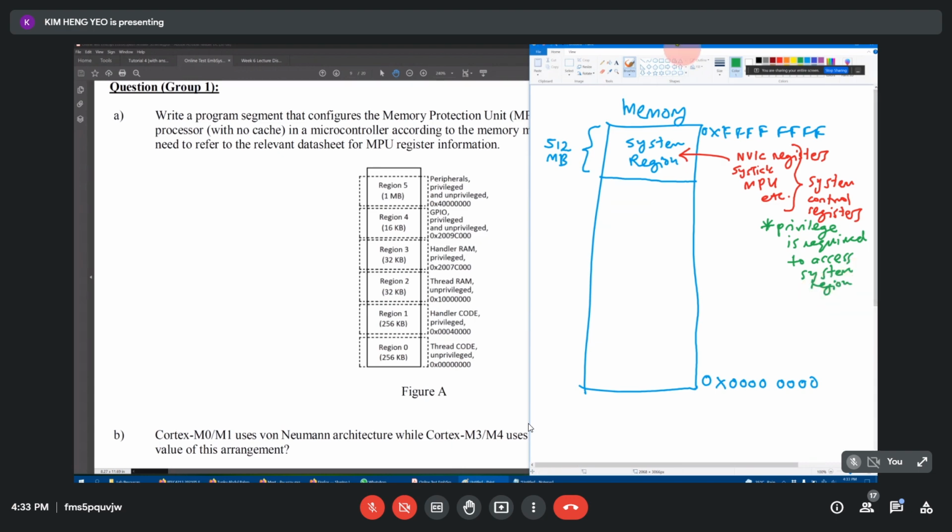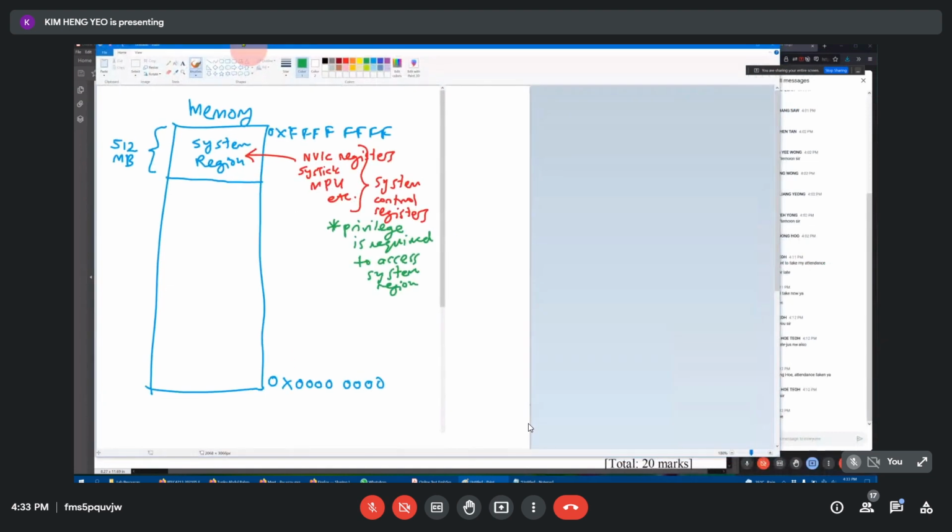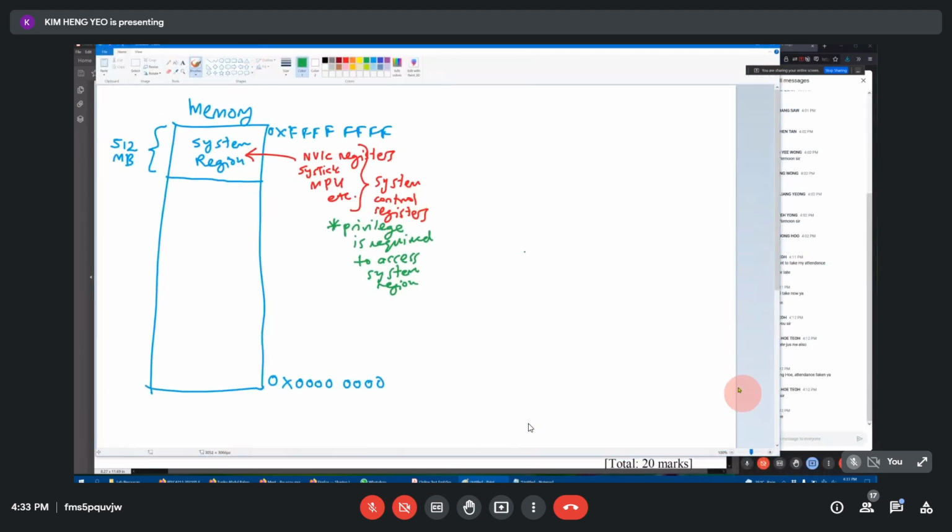Then you ask the question, what is privilege? If you recall, you have your control register in your CPU. The control register is 32 bits, but only bit 0 and bit 1 are implemented.